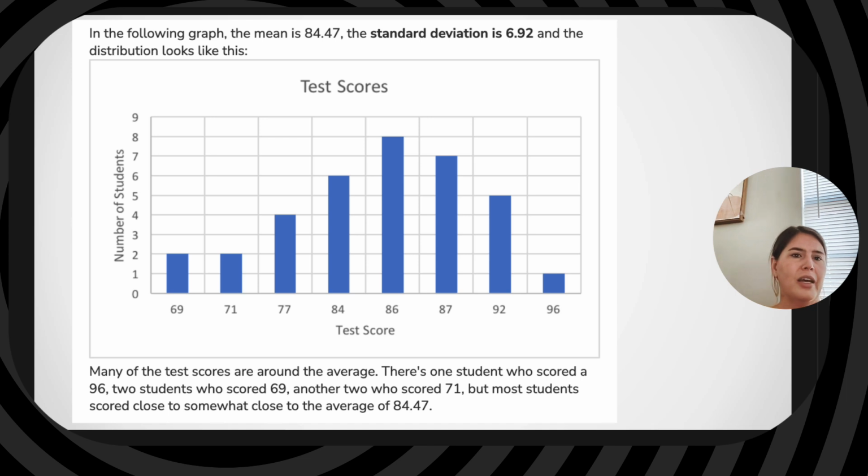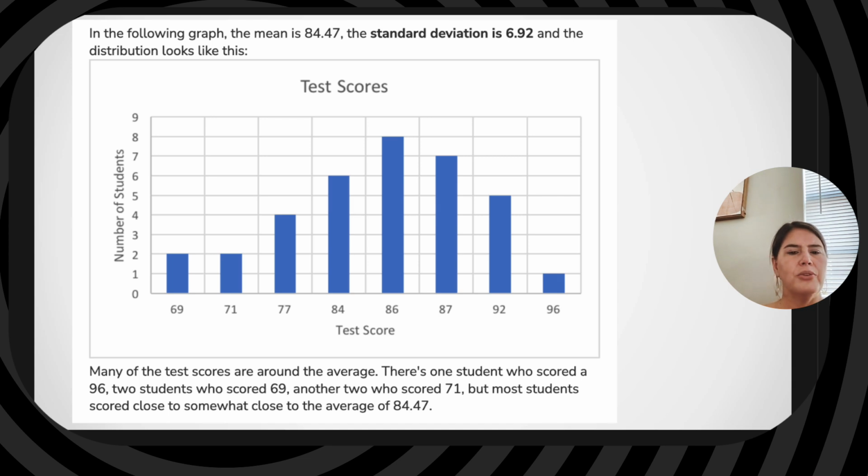So in this graph, the mean of the test scores was 84.47 with a standard deviation of 6.92. We can see the distribution. You can kind of just start to see where the curve is. So many of the test scores are around the average. The average was 84. Many of them fall around this area.